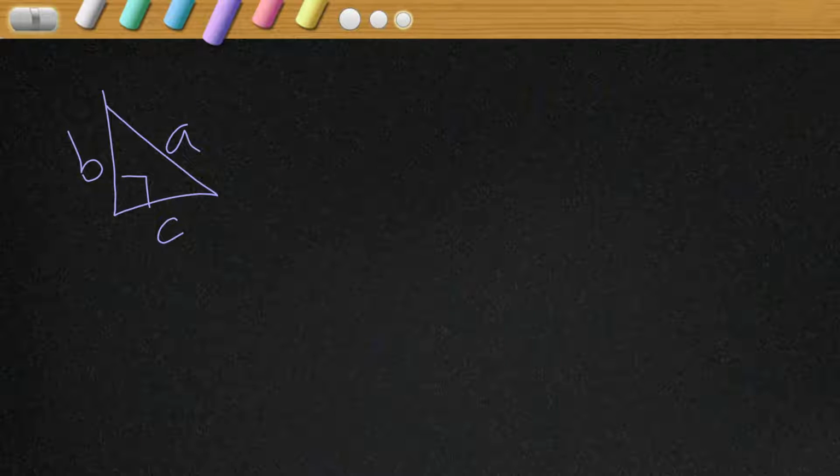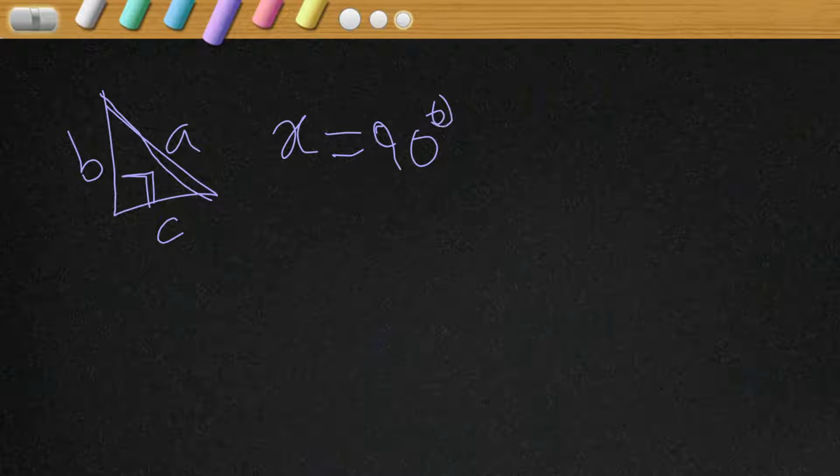In Pythagoras theorem, I'm just going to draw this line. This is 90, a, b, and c. B and c don't matter, they can switch between them. Now this 90-degree angle, let's take it as x. Yeah, x equals 90 degrees.